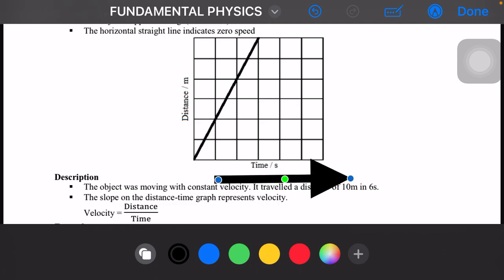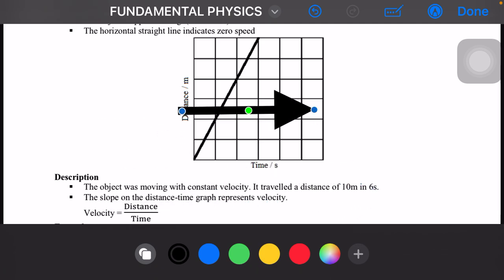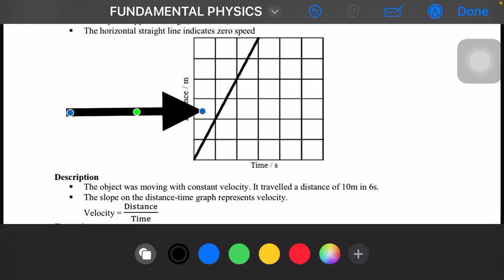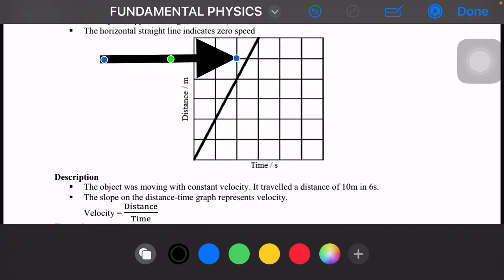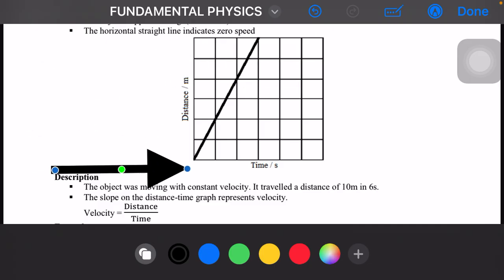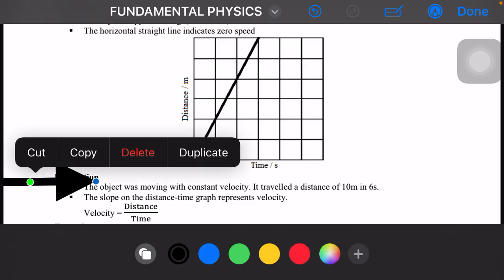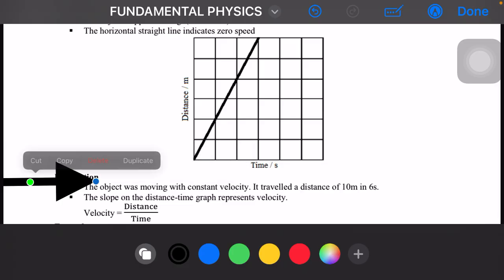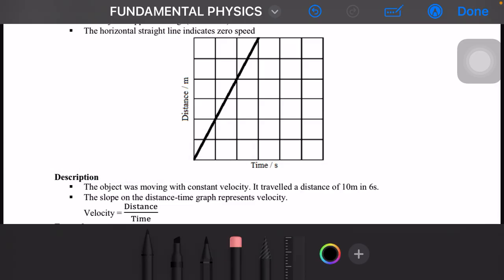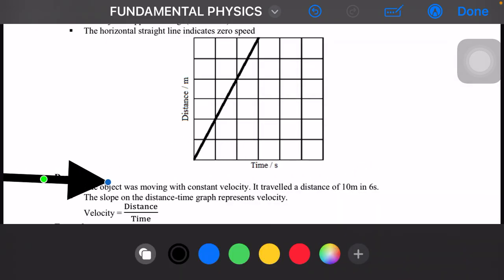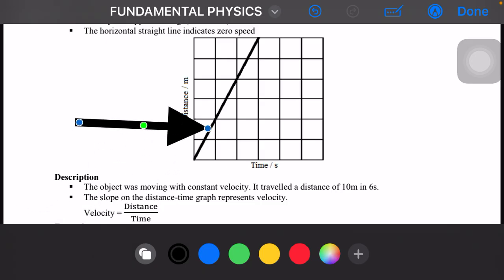Unfortunately, there was an error in making this graph, but the key concept you need to learn is that each time you see a straight line, the object was moving with constant velocity. Then if you want, you can even find the velocity using this formula: velocity is equal to distance over time.